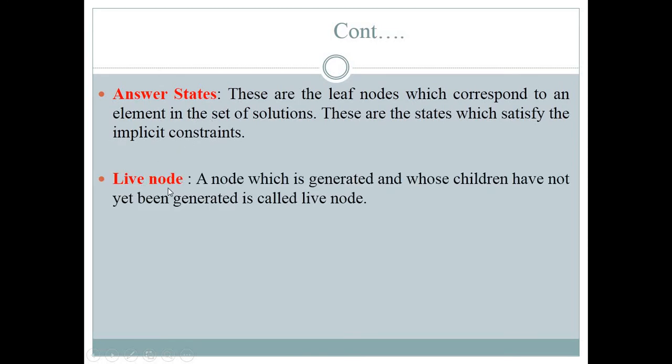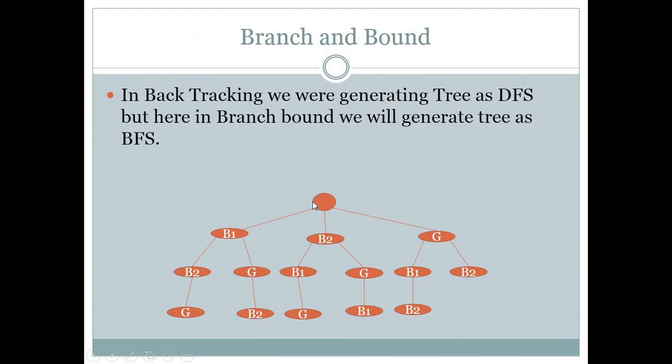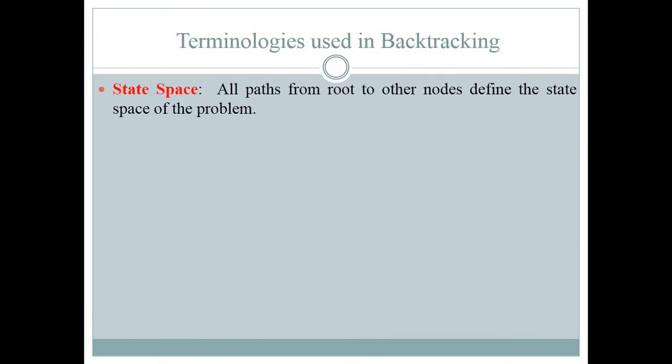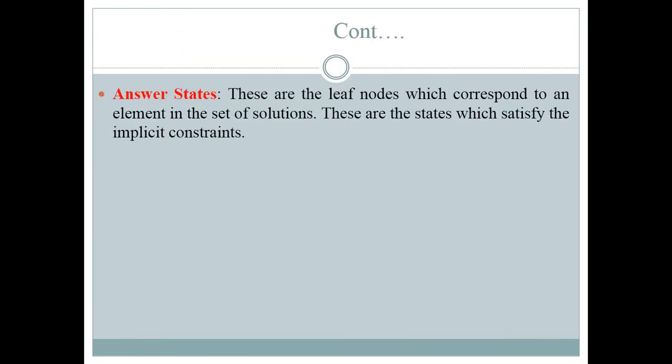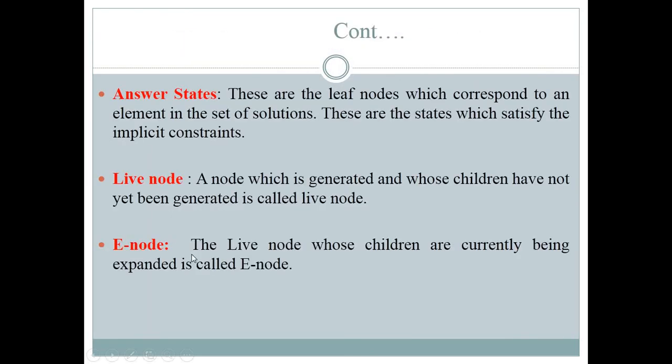Live node. A live node is a node which is generated and whose children have not yet been generated. If we generate this G and B, but our B2 is not generated, then B1 will be known as our live node. Our next terminology is E node.